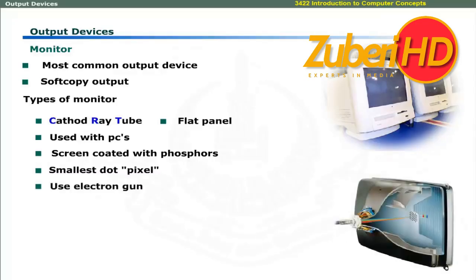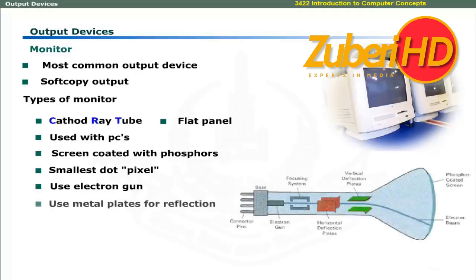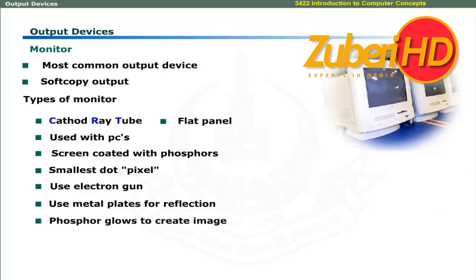An electron gun is used at the back of the monitor to fire electrons on each pixel through a coil. Metal plates are used to reflect the electrons on different parts of the screen in a particular order. The phosphor particles glow when an electron hits them and an image is created.